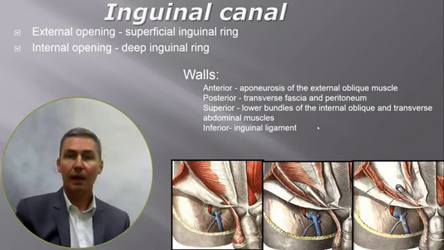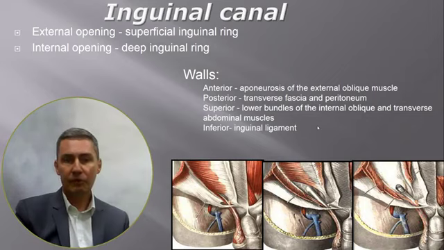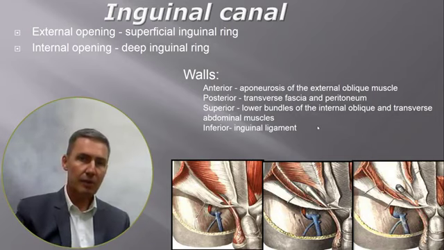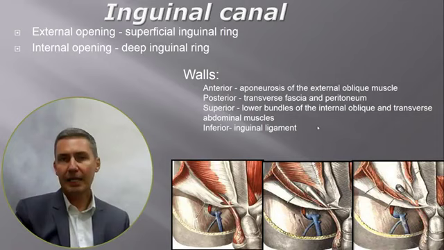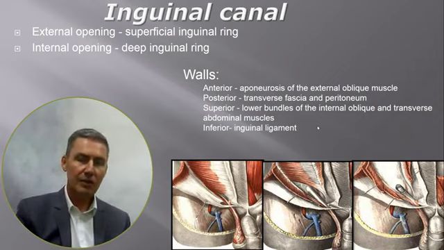So, the anterior wall of the inguinal canal is formed by the aponeurosis of the external oblique muscle. What is aponeurosis? Such broad muscles like the external oblique have a fleshy part, which is formed by the muscular fibers, and an aponeurotic part, which is formed by connective tissue.